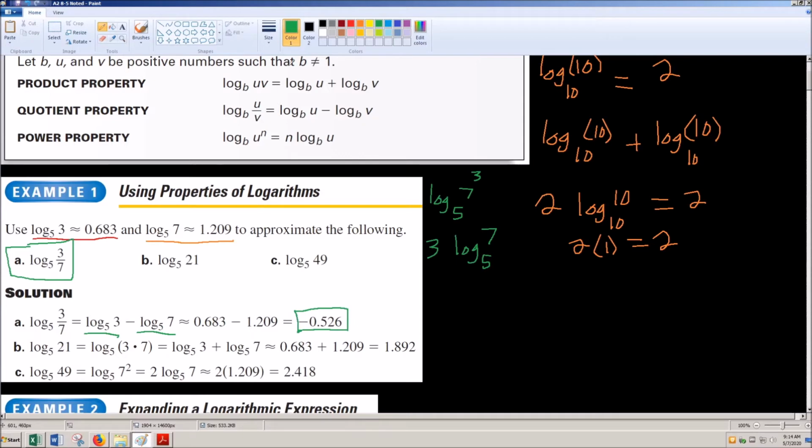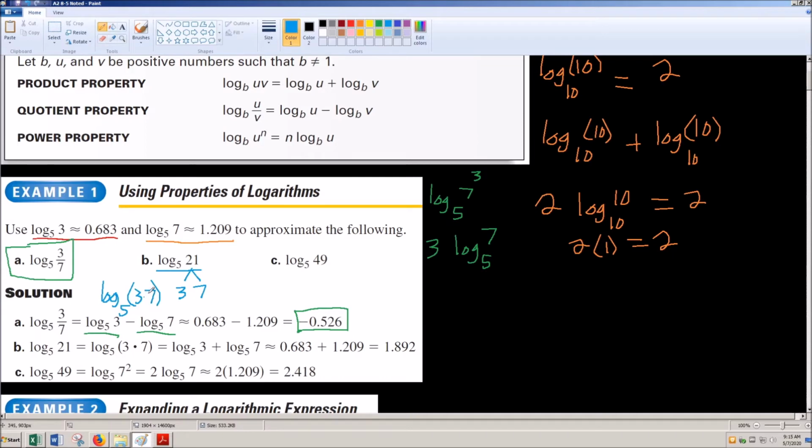For the next one, as I look at this thing, I'm saying, okay, well here I have log base 5 of 21. These can sometimes be difficult. The reason these can sometimes be difficult is people just say, okay, well it is 21. Well, yeah, I mean, it kind of is, but another way of thinking about this is 21 is 3 times 7. So when I'm looking at this, I'm looking really at log base 5 of 3 times 7.